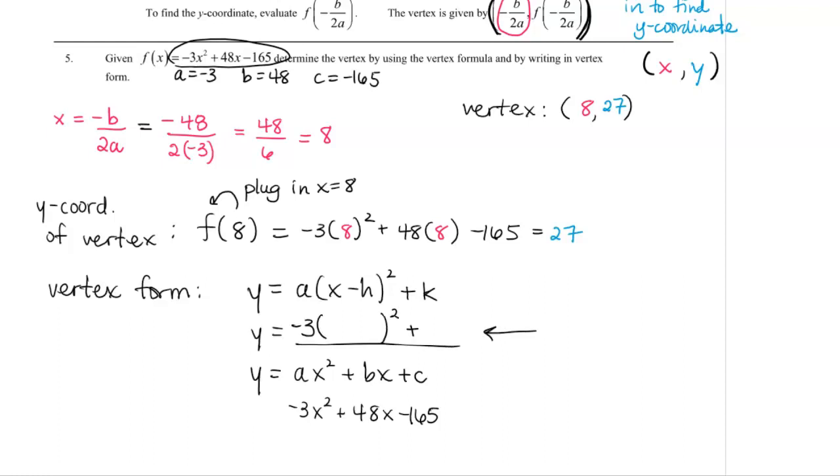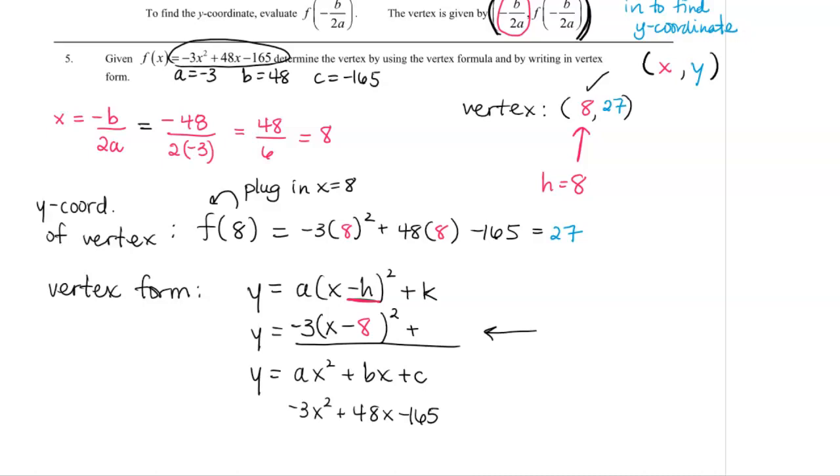Okay, I just went ahead and built the rest of the skeleton. x stays x, but we need to know what h is. It says x minus h. Well, h is just the x coordinate of the vertex, which we now know is 8. So this is x minus 8 in here, which is good because we know that the -8 sends the graph right 8, and that's good because the x coordinate of the vertex is at a positive right 8.